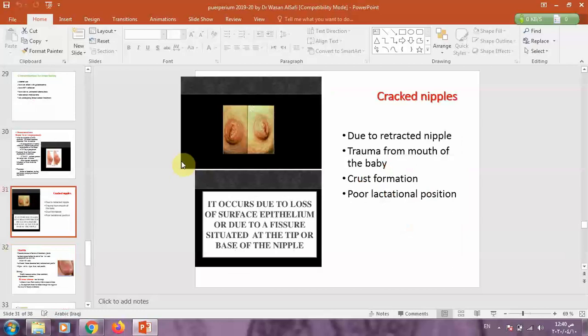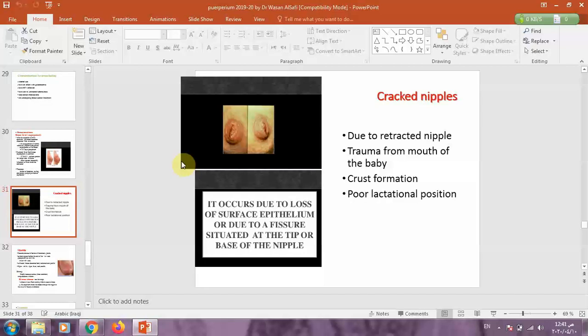Most women will experience cracked nipple. This is because some women have retracted nipples embedded in the breast. So, from the trauma of the mouth of the fetus, this will cause abrasion or erosion of the nipple, followed by crust formation, and sometimes it is due to poor lactational position.